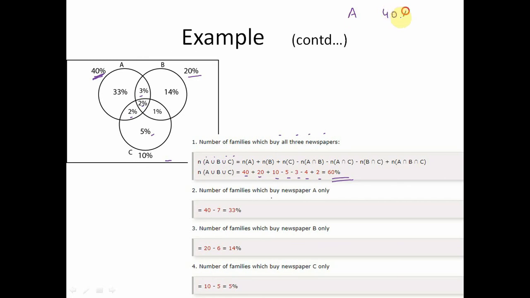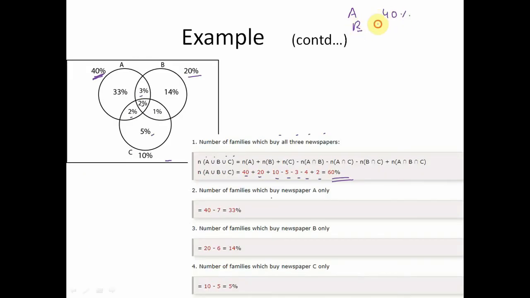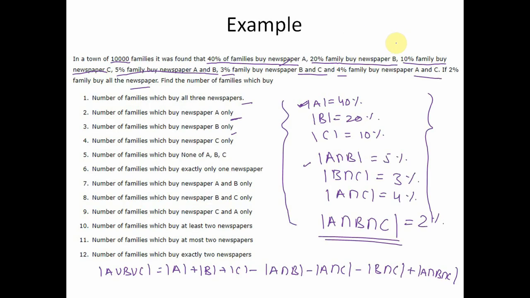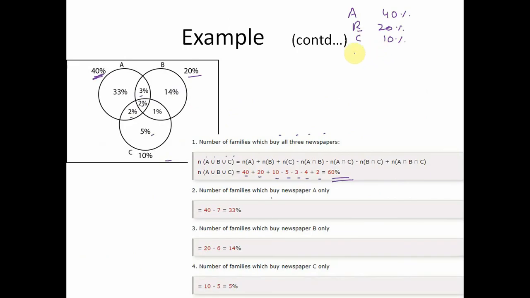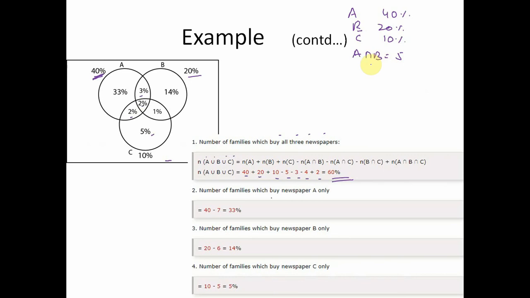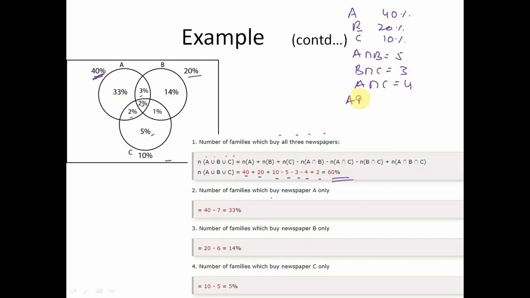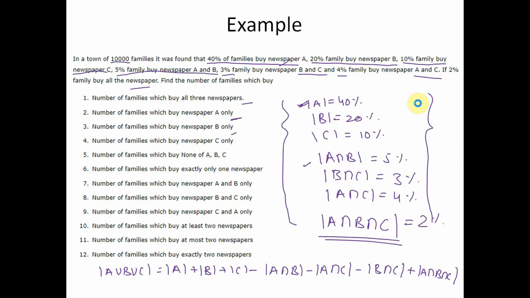A is 40%, B is 20%, C is 10%, A intersection B is 5%, BC is 3, AC is 4, and all three, A intersection B intersection C, is equal to 2%. This is what is given.